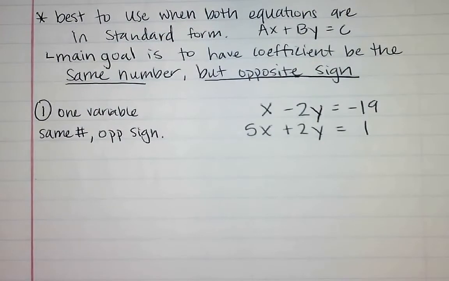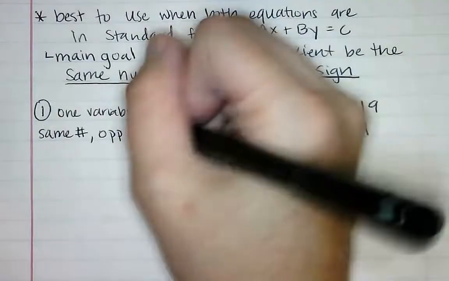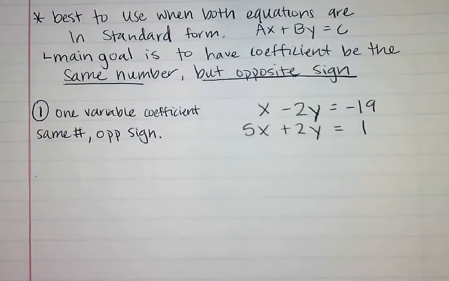You might need to multiply, you might need to do some things to make that work, and we'll go over that. But that's the very first step. You need one variable coefficient to have the same number but opposite sign. So if you're taking a look at this, it's actually already kind of set up for us, isn't it?